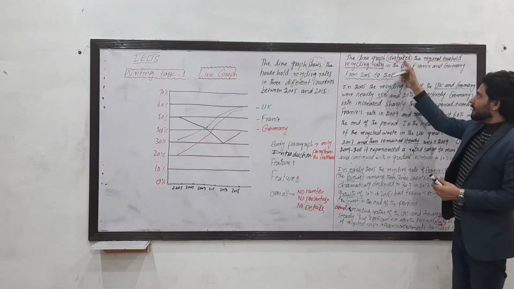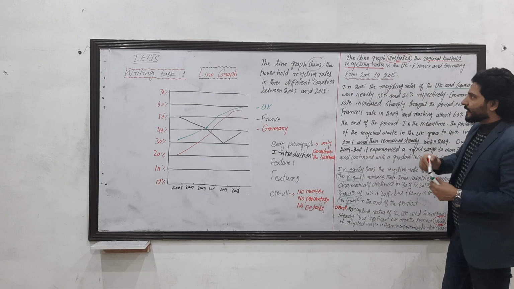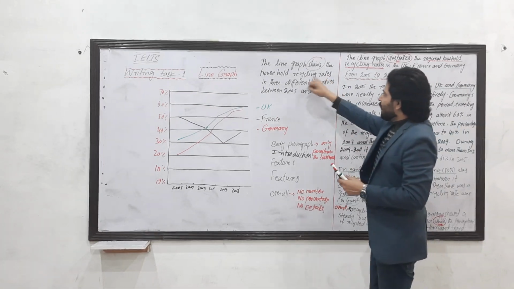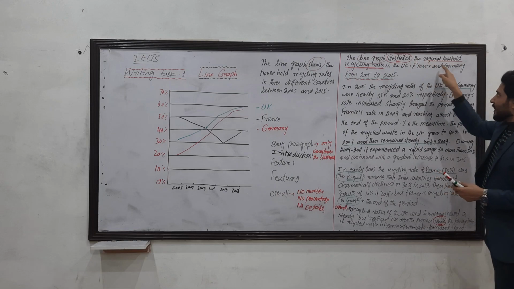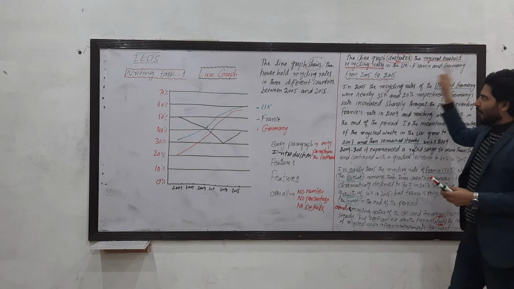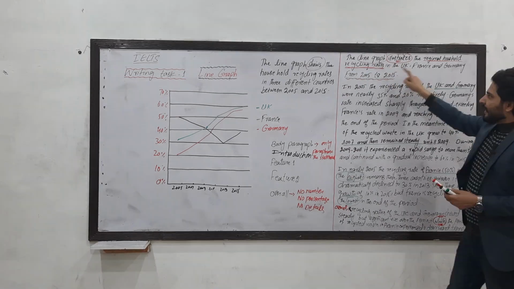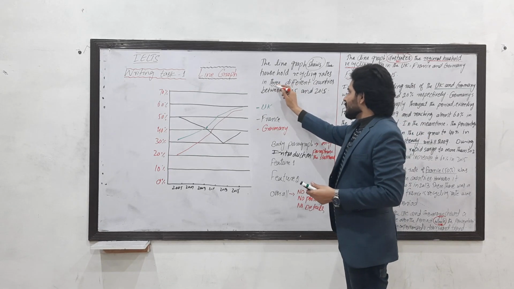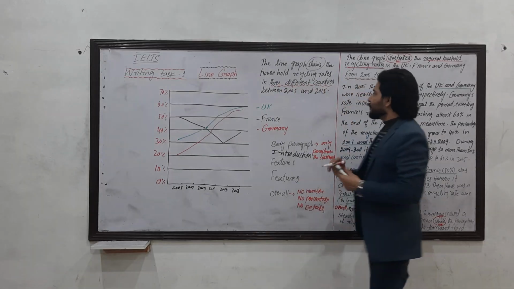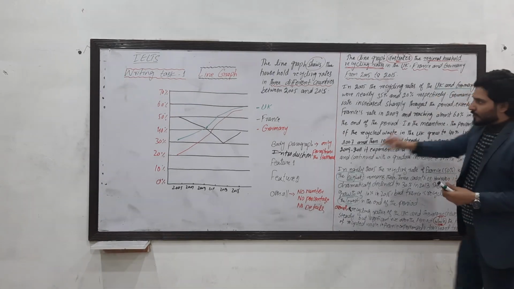So you have written illustrates the regional household recycling rates. Household recycling rates has been paraphrased into regional household recycling rates in three different countries. You will paraphrase these three different countries by their names: UK, France and Germany.